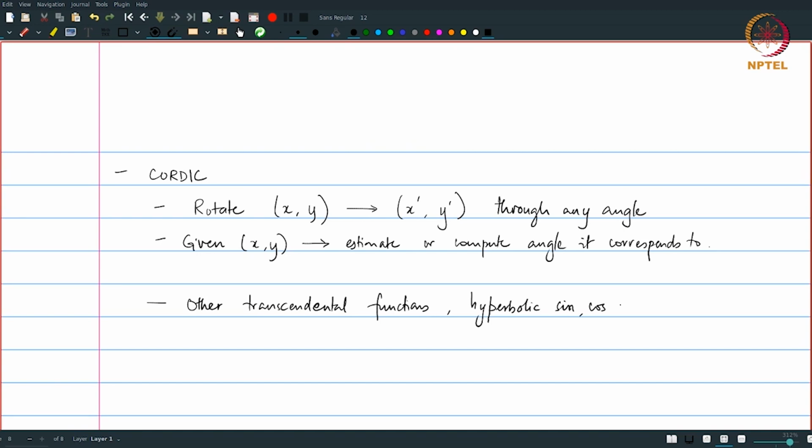So effectively, CORDIC forms a whole class of different kinds of algorithms that can be used in order to compute many different functions.